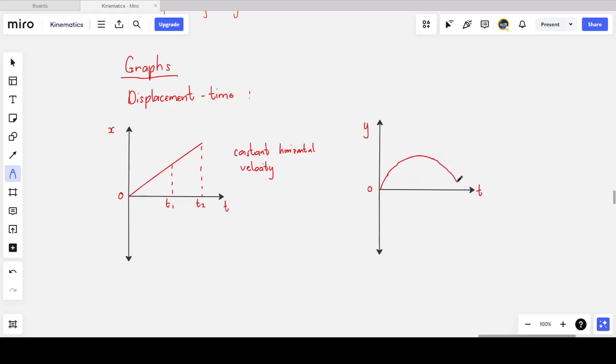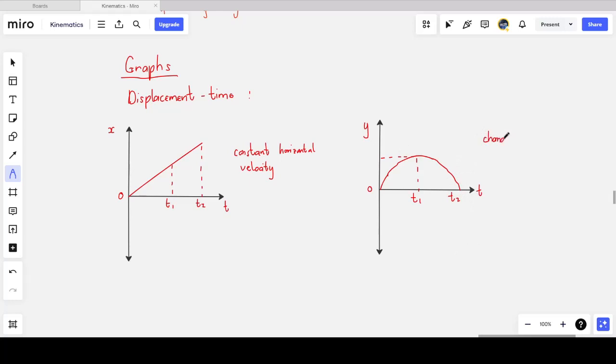It's almost like a side-on version of me sketching the path of the ball. And its maximum height will be reached exactly when the time is equal to t1, and the height will be 0 a second time when it reaches the ground after time t2. So this is what a graph of y against t would look like.